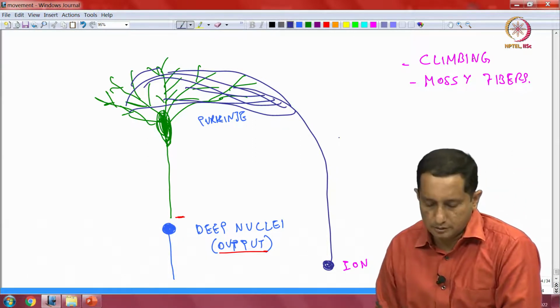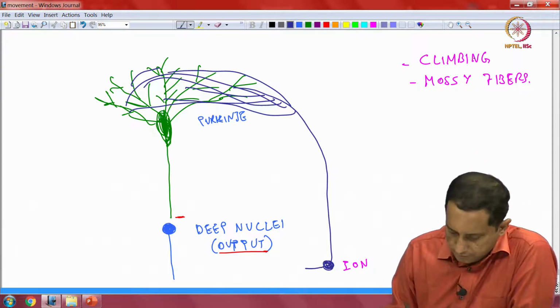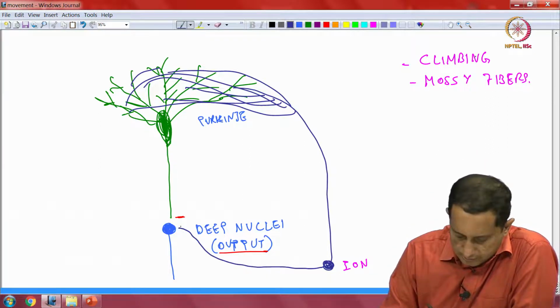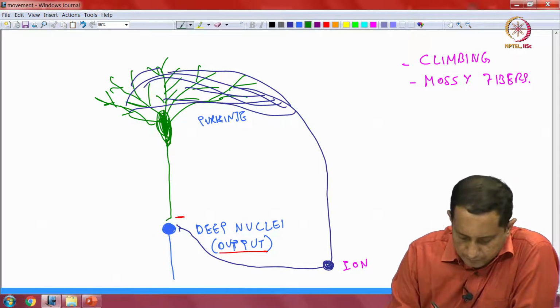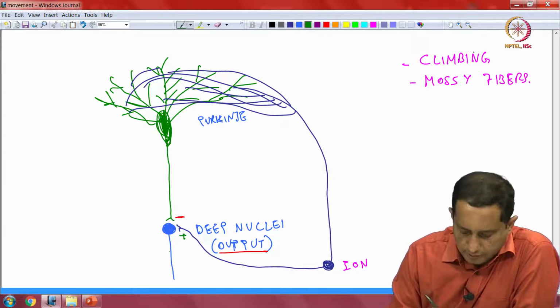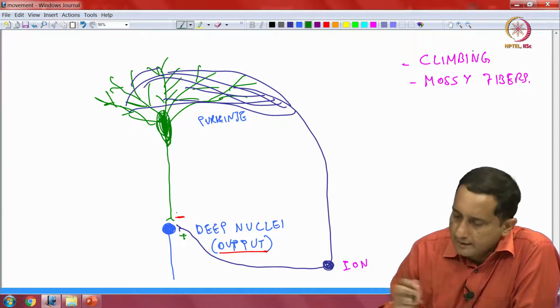It also sends another one to the deep nuclei, and that is positive. So, you have a negative there and a positive there.